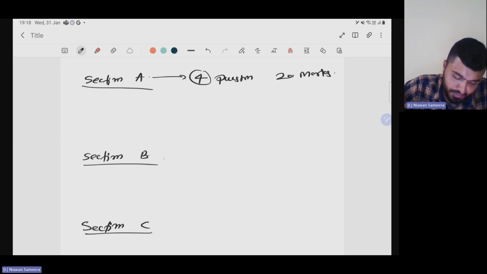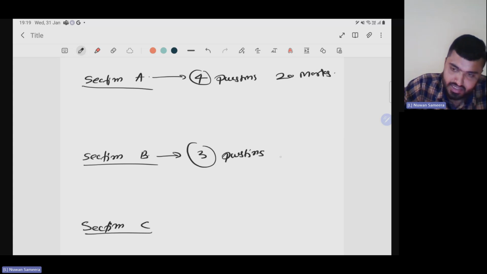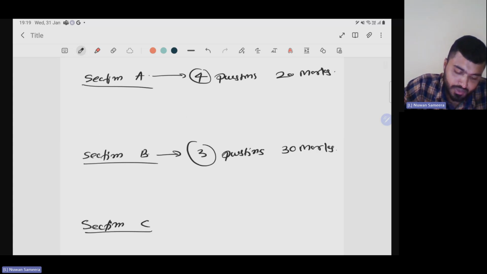For section B, there are 3 questions, 10 marks each, so you can earn 30 marks. Sections A and B total 50 marks.